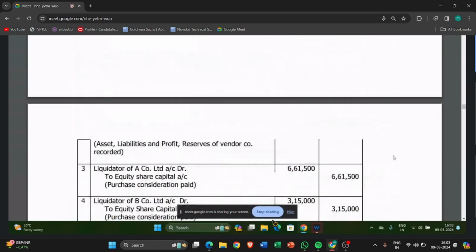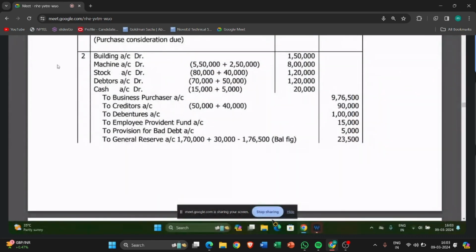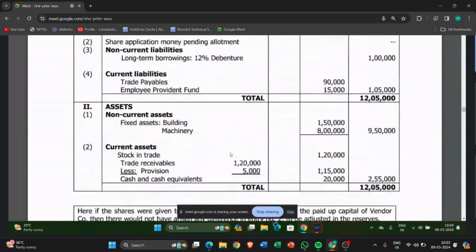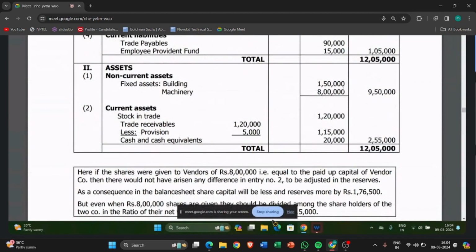Whatever assets were taken over, this debit, write all of them on the asset side. So assets of A and B put together: buildings 1,50,000, machinery of both the companies put together, stock of both the companies put together, debtors of both the companies put together, minus the provision for bad debts, and cash of both the companies put together. You will get the assets of the new company C Limited.